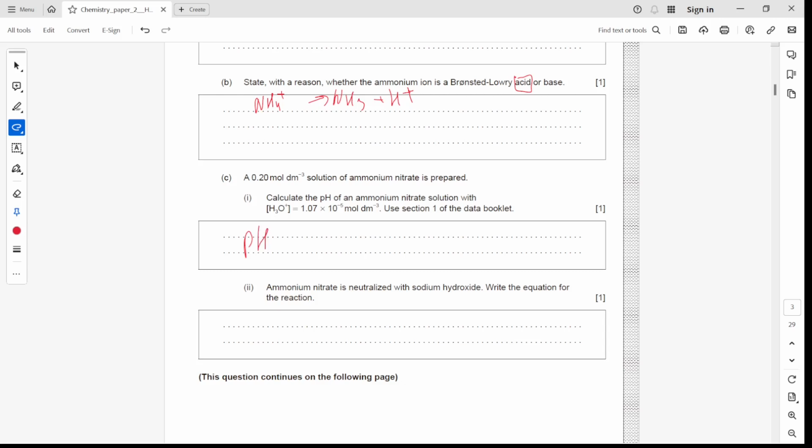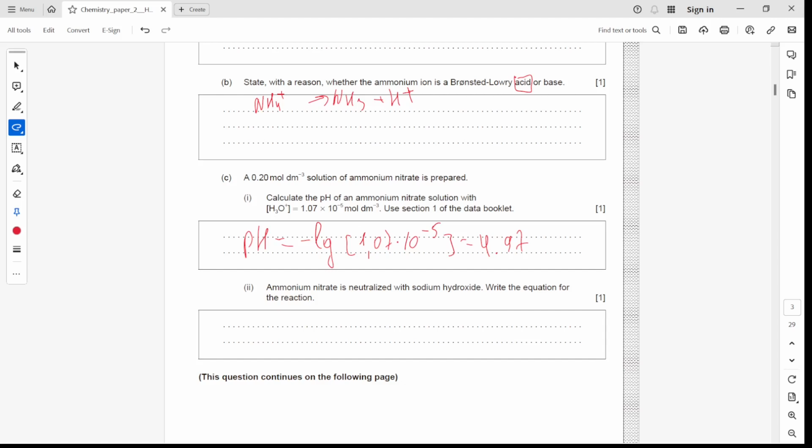As we know, pH is the negative logarithm of the concentration of protons. So it basically means this, and this is 4.97.